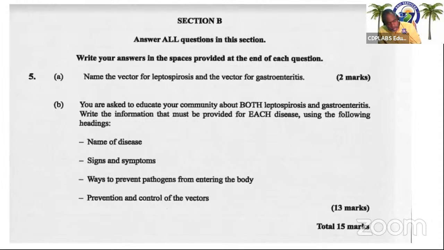Anybody? All right, but that was very good, Peter. So the answer is correct. It's basically a carrier, right? It's a person or thing that carries the pathogen that will cause a disease.